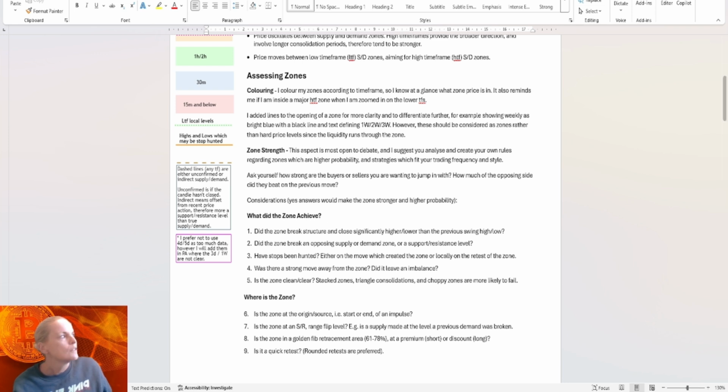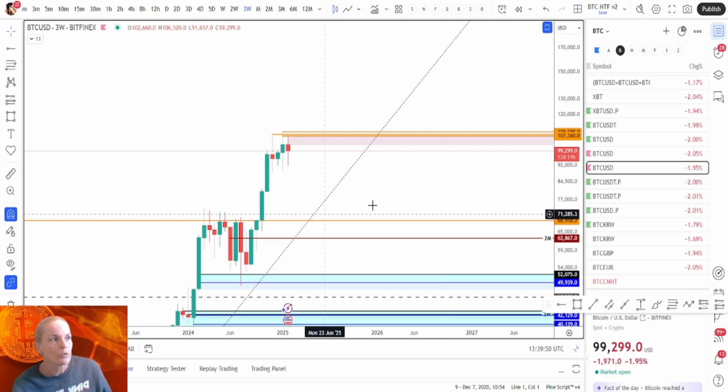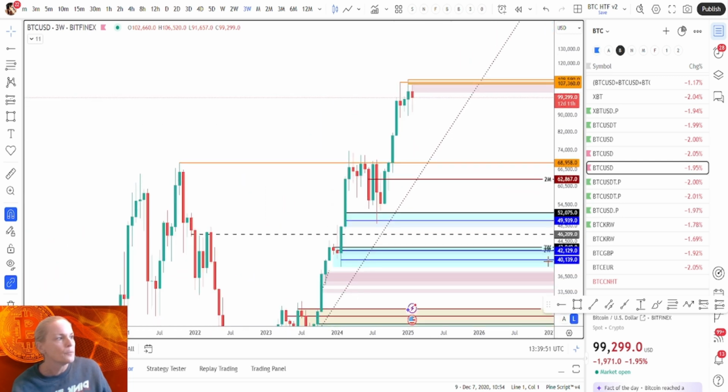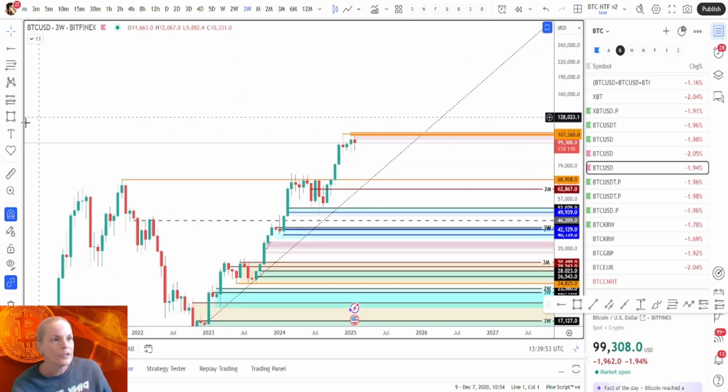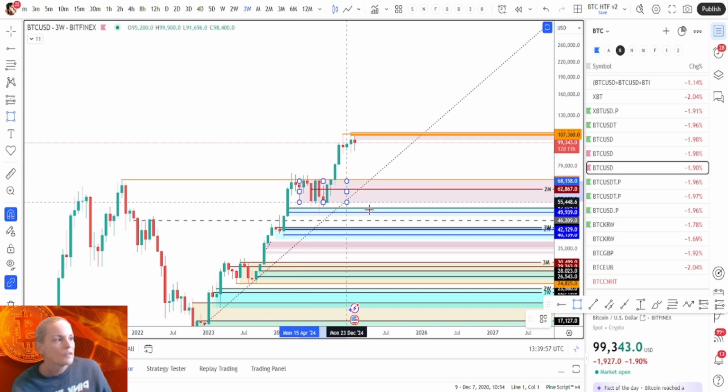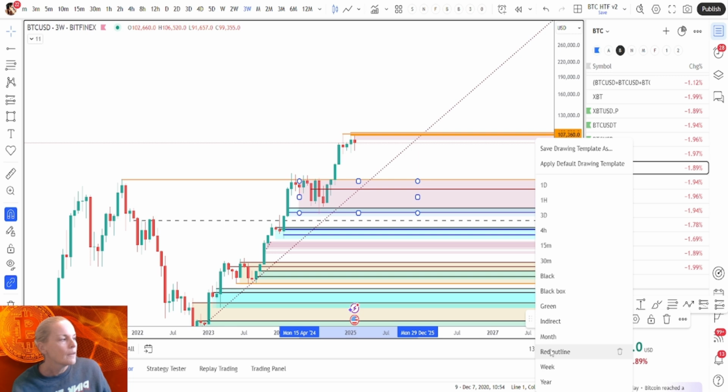So first question, did the zone break structure and close significantly higher or lower than the previous swing high or low? And the second question, did the zone break an opposing supply or demand zone, or a support or resistance? So for example here, this is a monthly zone, or is it 2 month inside it, but there's a monthly zone there.